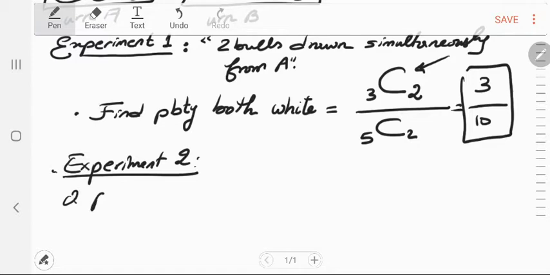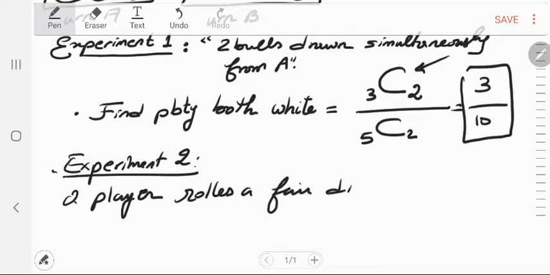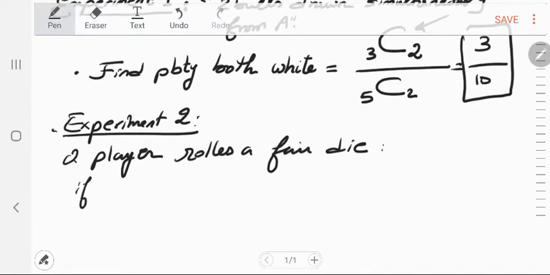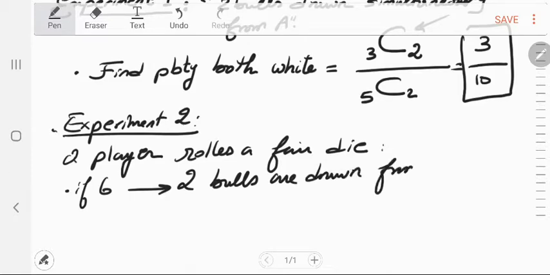A player rolls a fair, 6-sided die. If the die shows a 6, then 2 balls are drawn at random from A. When I say at random, this means simultaneously.